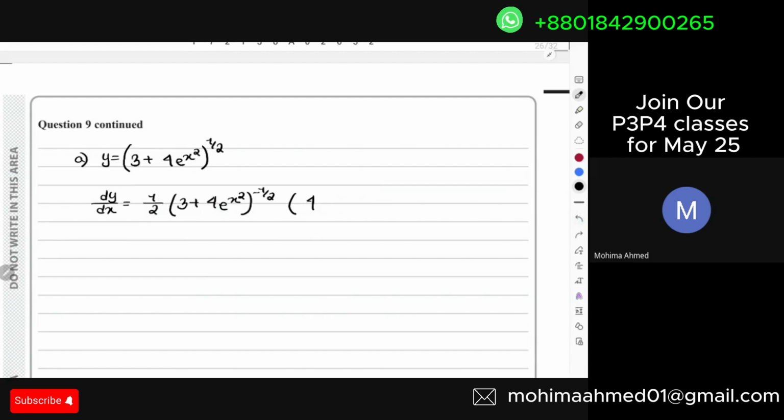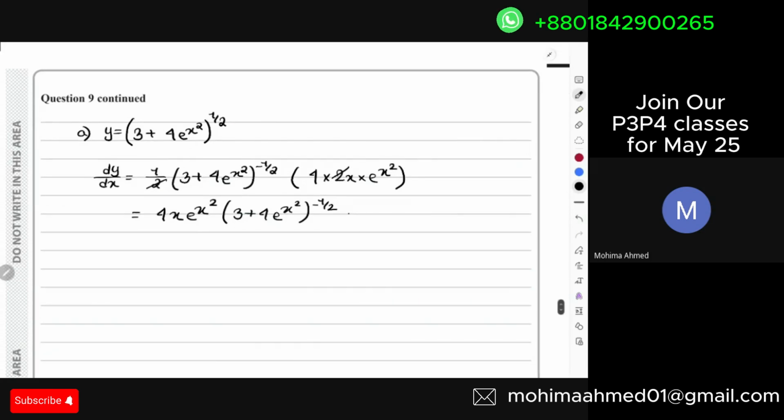Since we have 2x, it will actually be multiplied with 2x e power x square. So eventually this cancels out, leaving you with 4x e power x square, and then 3 plus 4e power x square with the power of half, right? So this is the rough expression that you get for your dy by dx.